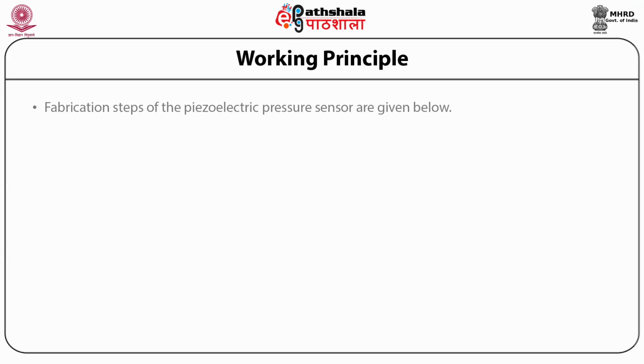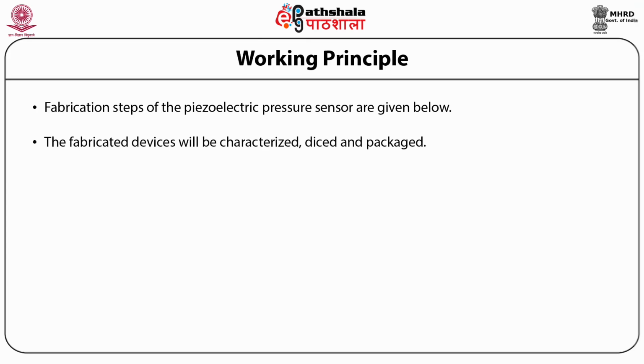Now come the fabrication steps for the piezoelectric pressure sensors. The fabrication steps are shown here. Zinc oxide, as we have discussed earlier, is taken as the piezoelectric thin film. The fabricated device will be characterized, diced and packaged.